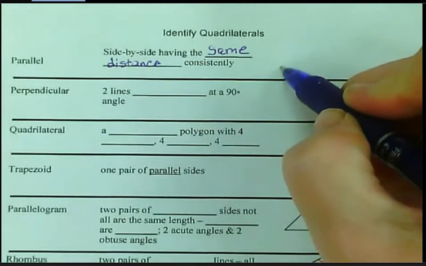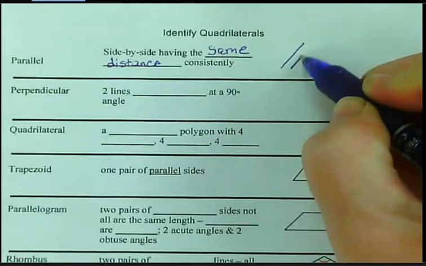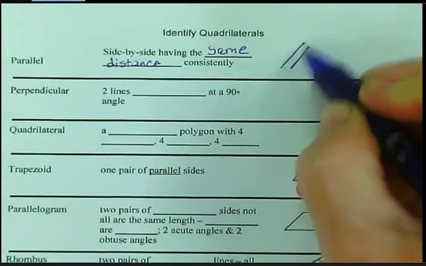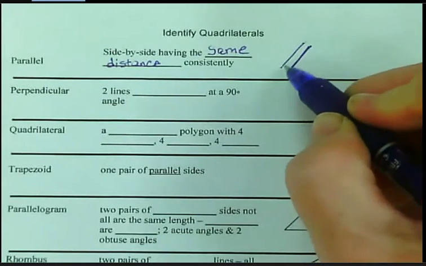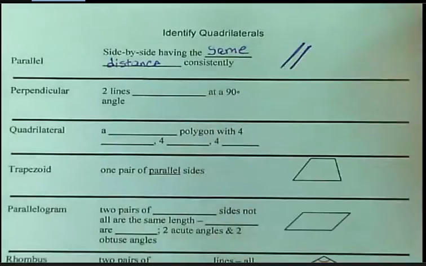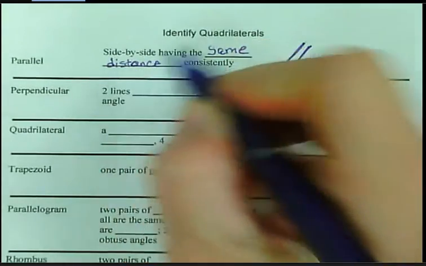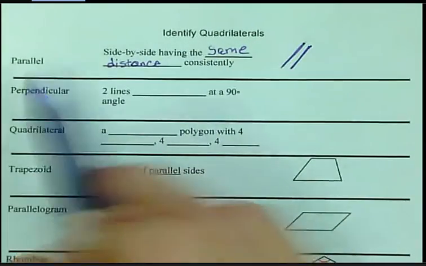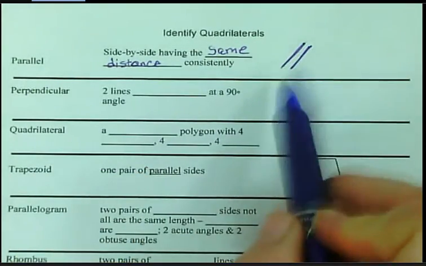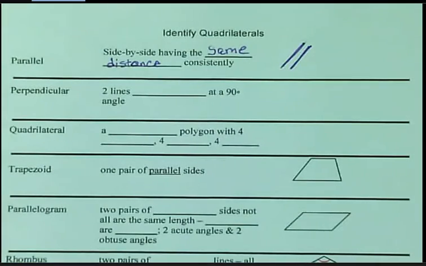So, if I were to do this, see how they're exactly the same distance apart? If they went on forever and ever, they would never cross over, never touch, never intersect. So, parallel means the lines are running side by side the same distance.